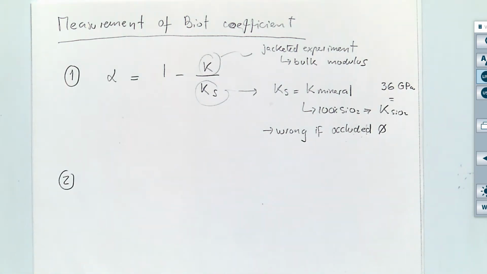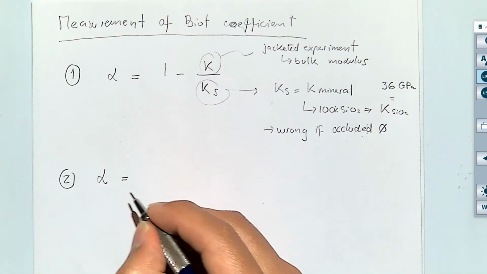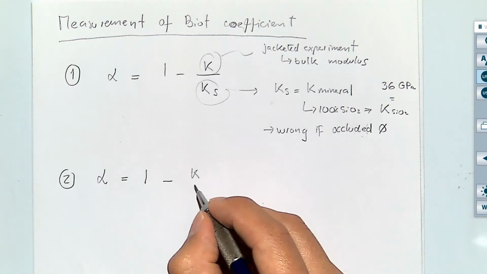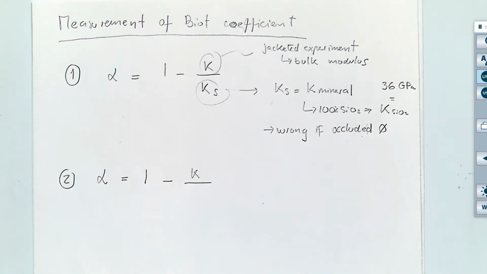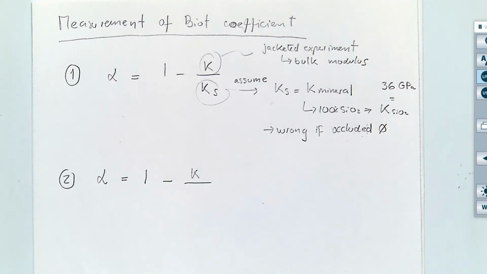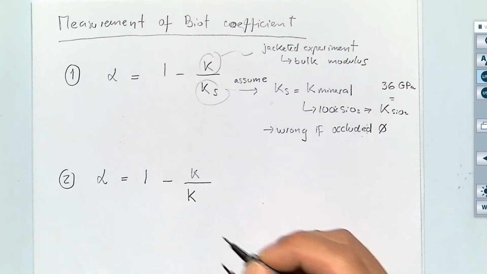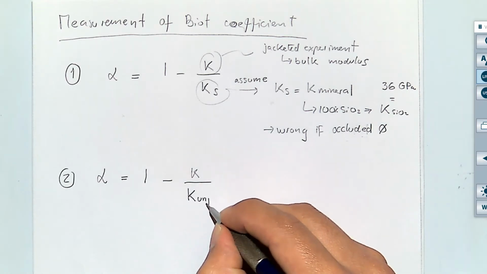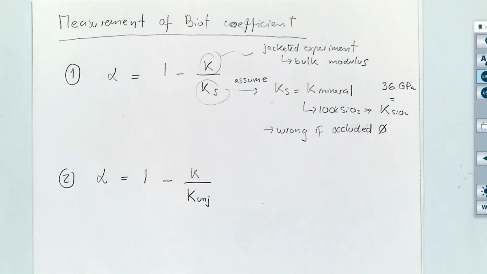The second method that we can do is we still use this equation, but we relax one condition. And that condition is that we're not going to assume what is the value of Ks. We are rather going to measure it, and we're going to call this the unjacketed bulk modulus.